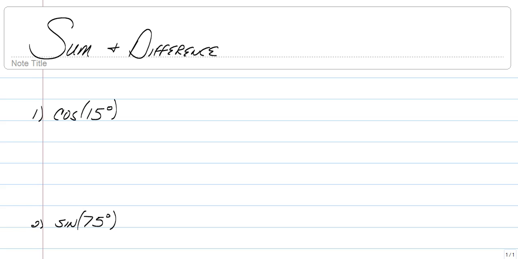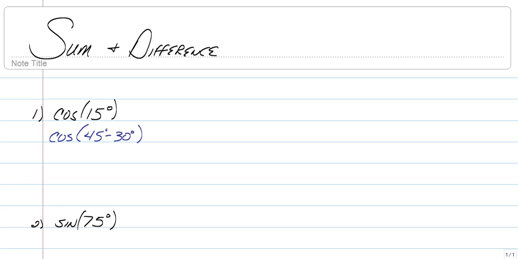If you thought of cosine of 45 degrees minus 30 degrees, you have the exact same thought that I did. However, you could also do 60 minus 45 degrees. That would also give you 15 degrees. So the first thing you need to do is figure out how you can get 15. And from there, we are going to use the formula.